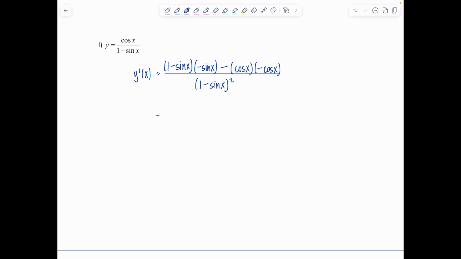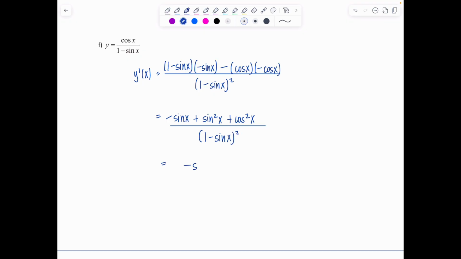Okay, now there's nothing I can factor out, so I'm just going to distribute. If you can't factor out, then distribute. So what is this going to give me? This is going to give me negative sine x plus sine squared x plus cosine squared x, over 1 minus sine of x squared.